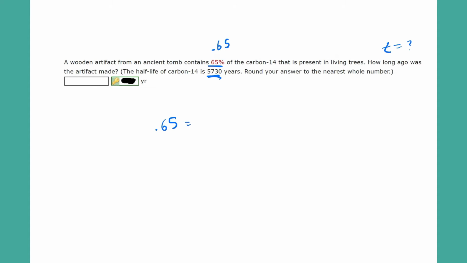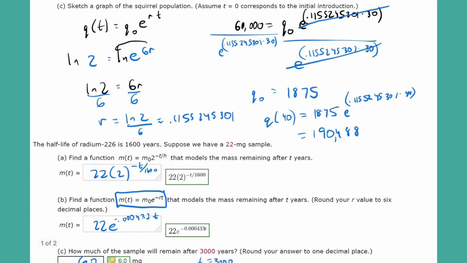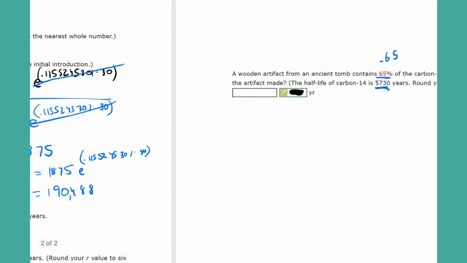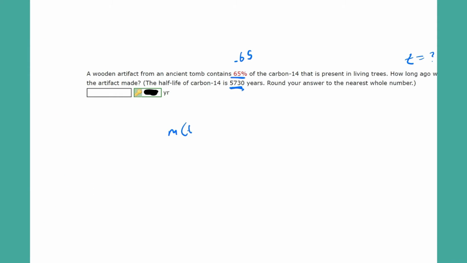It's going to be e to the 5730. That's the half-life. Times r. Actually, we do need that formula. Sorry about that, guys. We need this formula. So here it is, this one. So m, let me copy it down.